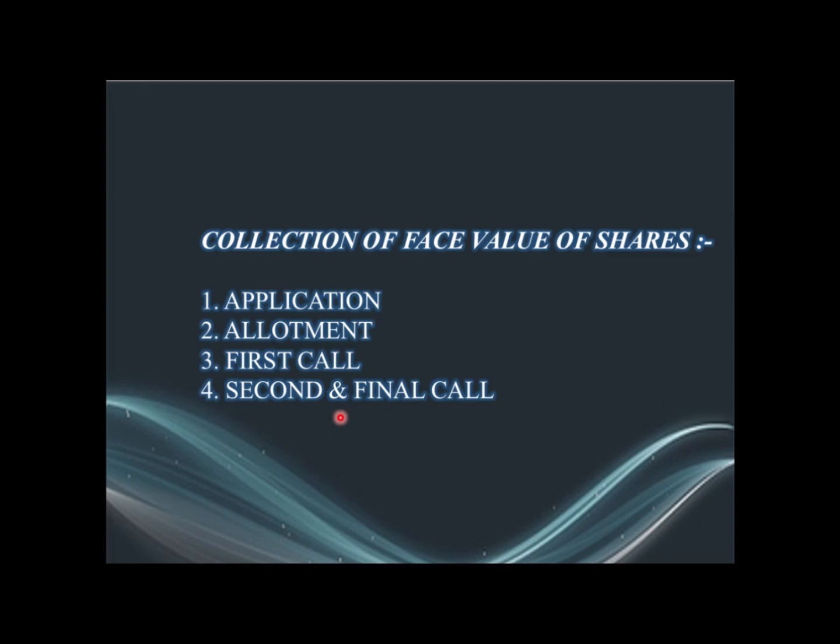So students, you have to remember this logic. Now, let us see the entries. First entry goes this way. Company issues or offers share to the public. Applies for shares. Company receives application along with application money.